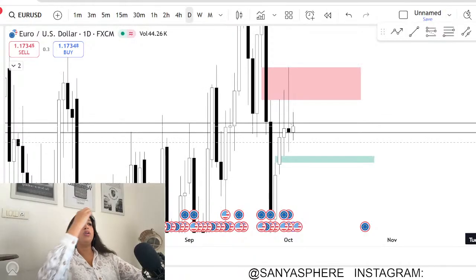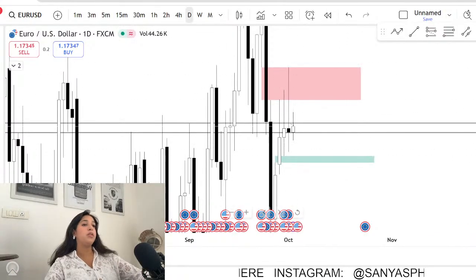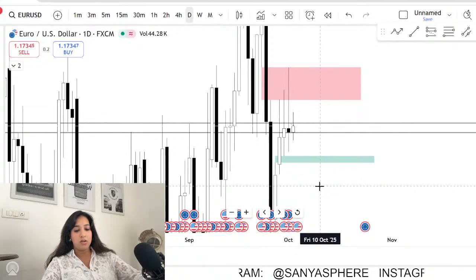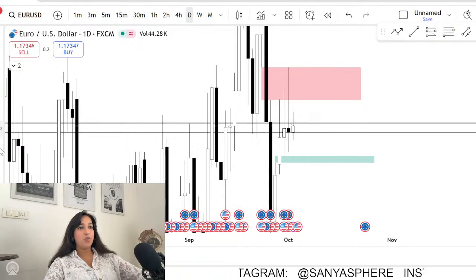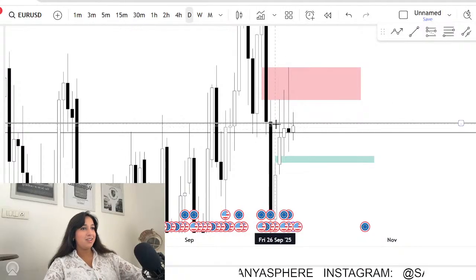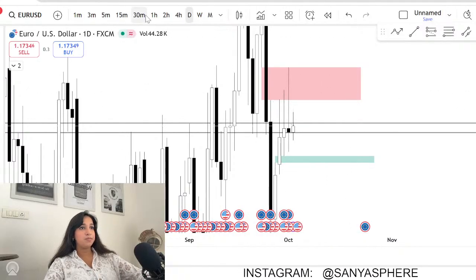But again, I want this wick fill to happen, and then wherever it should go, it should give us the wick fill, at least 20 pips.